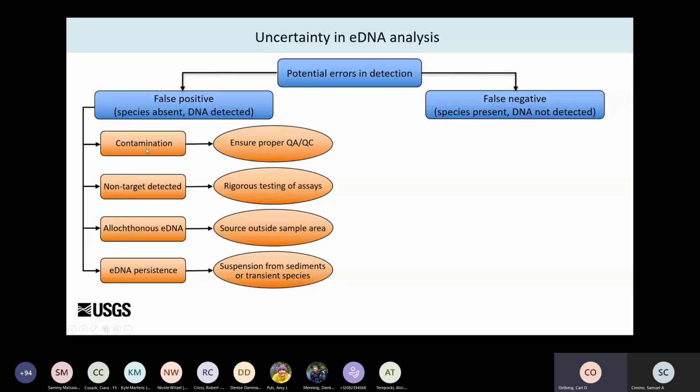So contamination, that's probably the biggest contributor to false positives. This can occur during field sampling, filtration, or any point in the lab analysis. Contamination can be minimized by following best practices and ensuring proper quality assurance and quality control.